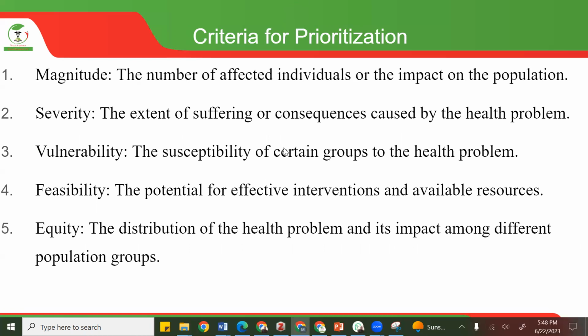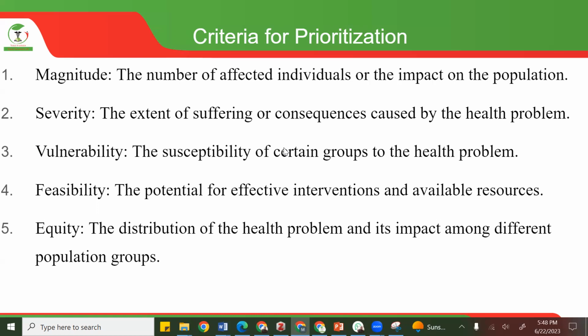Or maybe you have malaria, people with diabetes, HIV, tuberculosis. Where are you going to put your resources? There are many factors that you have to look at. The magnitude: how many people are being affected by a particular disease? Now that one goes back to prevalence. And then severity.